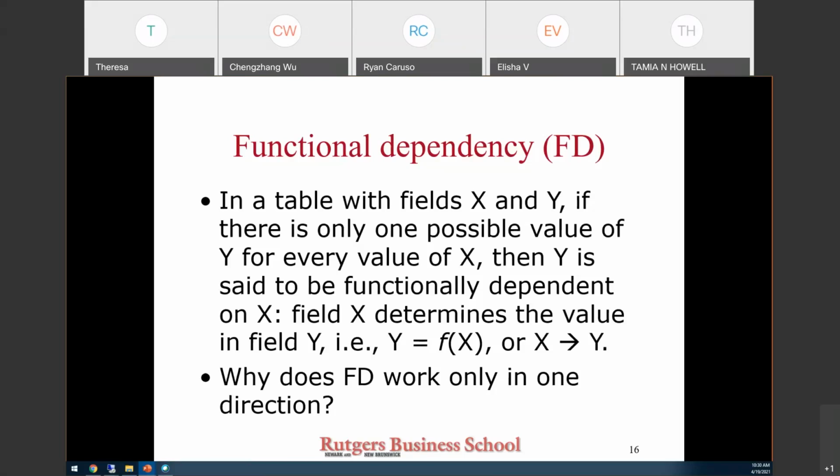We cannot say that student ID number is functionally dependent on name. In other words, it works only one way in most cases.